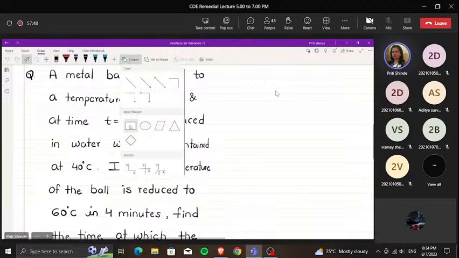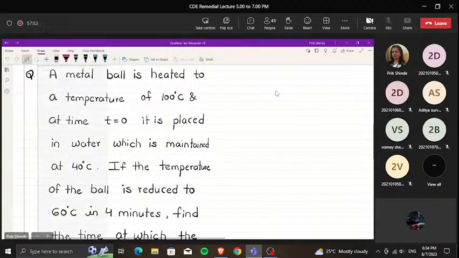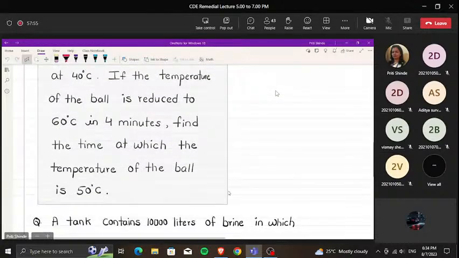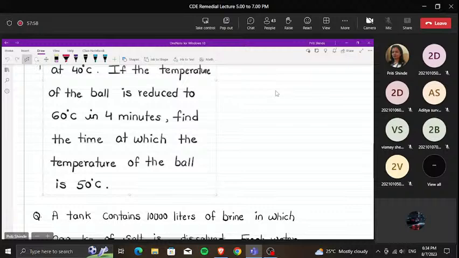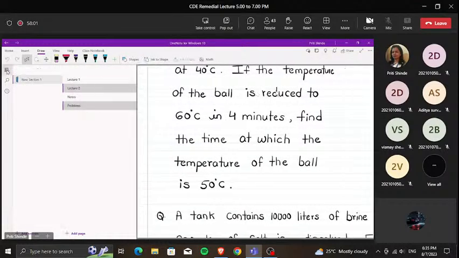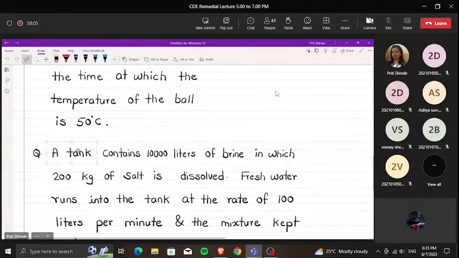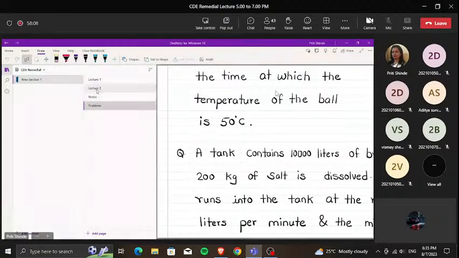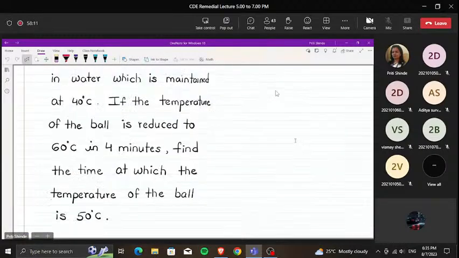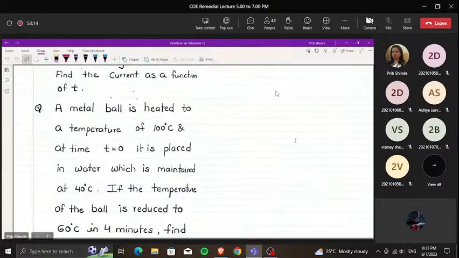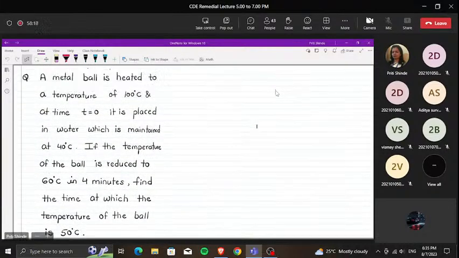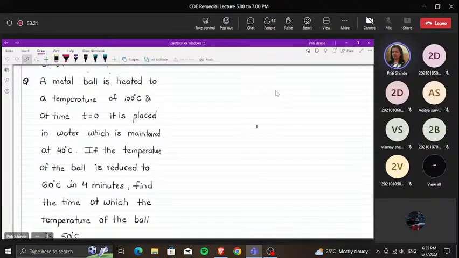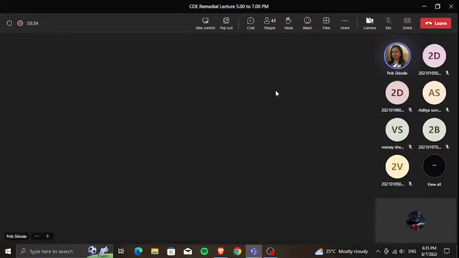Write down this example. A metal ball is heated to a temperature of 100 degrees Celsius, and at time t is equal to 0, it is placed in water which is maintained at 40 degrees Celsius.